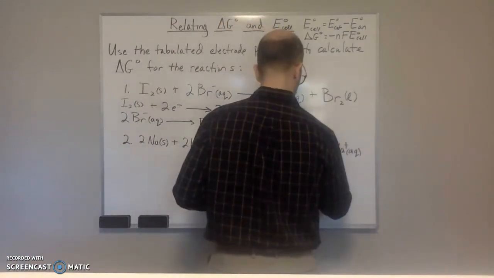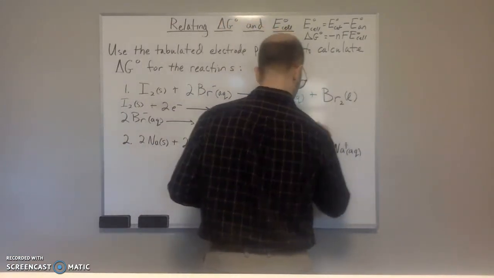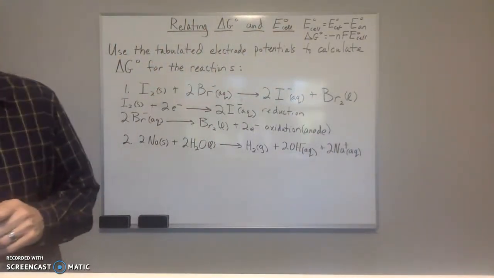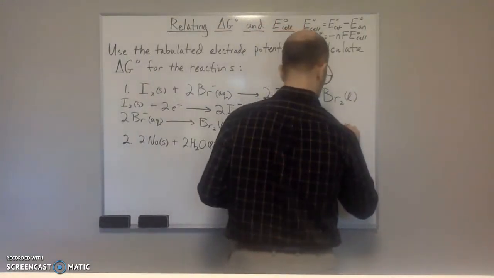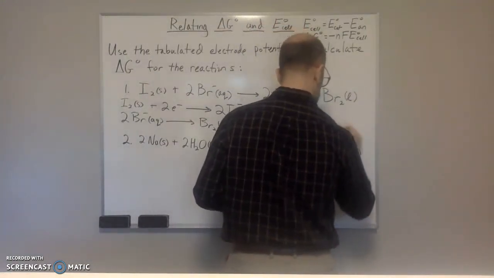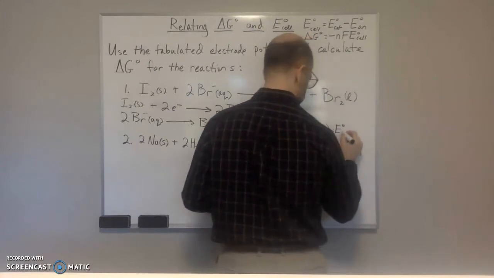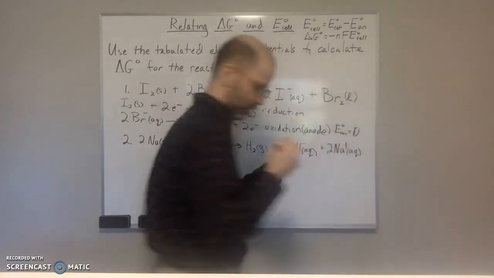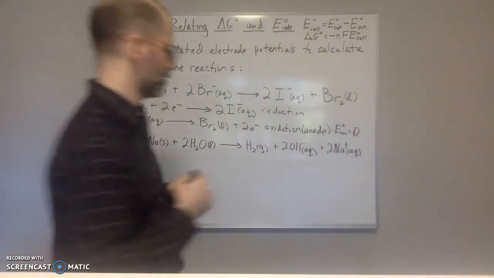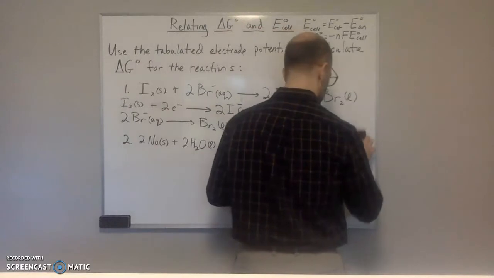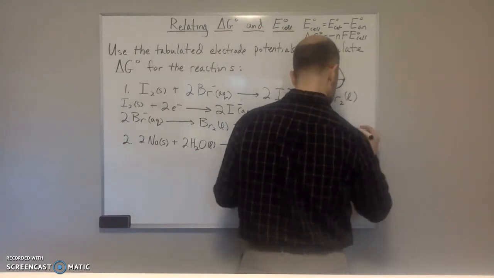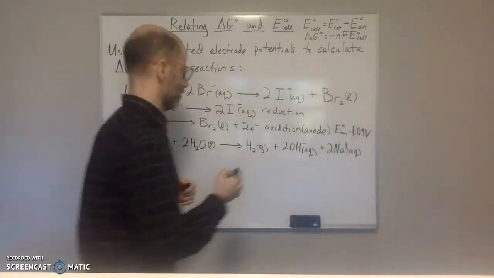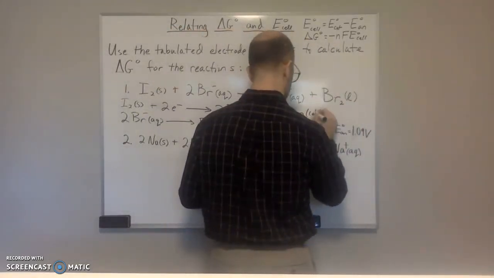So the standard electrode potential at the anode is 1.09 volts, and this is going to be the cathode.